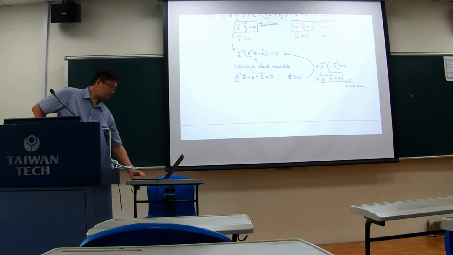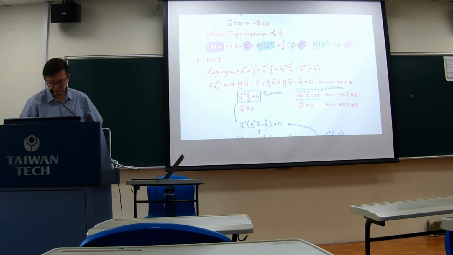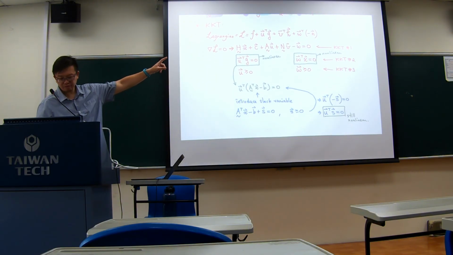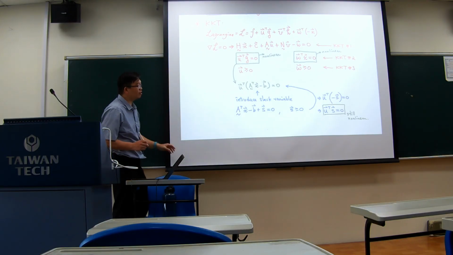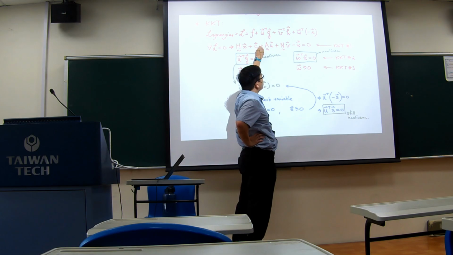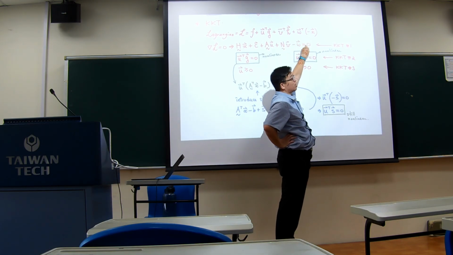Now for all the slack variables, we have u, v, and w. The rule for u, v, and w: u is the multiplier for inequality. W is the multiplier for inequality.